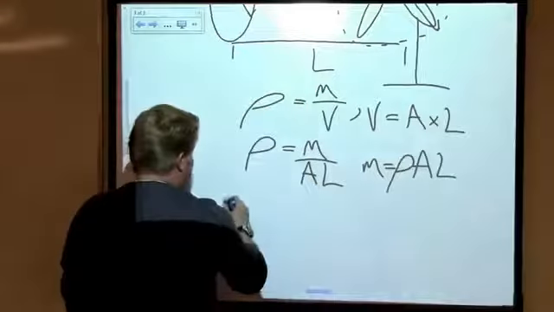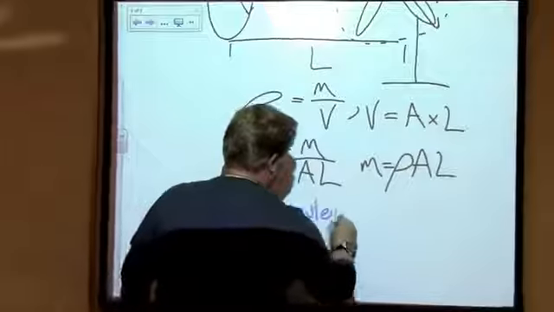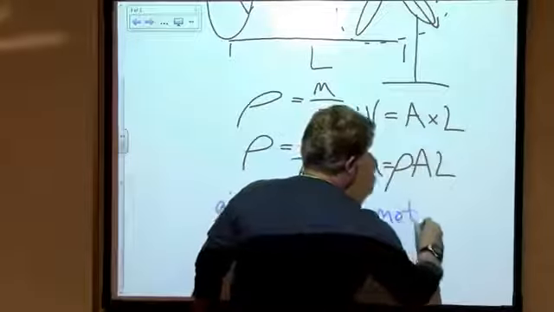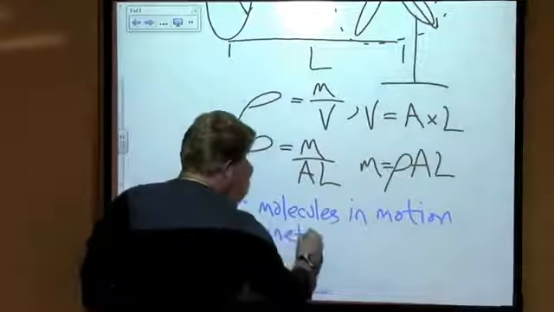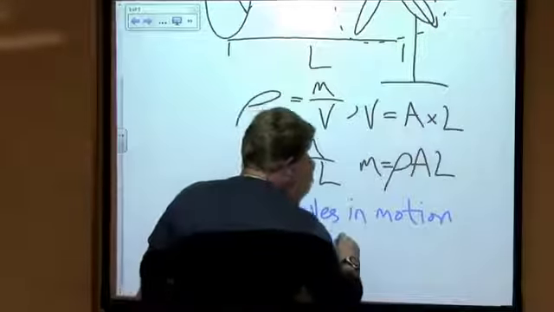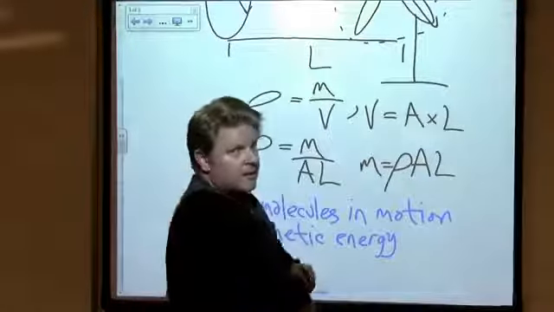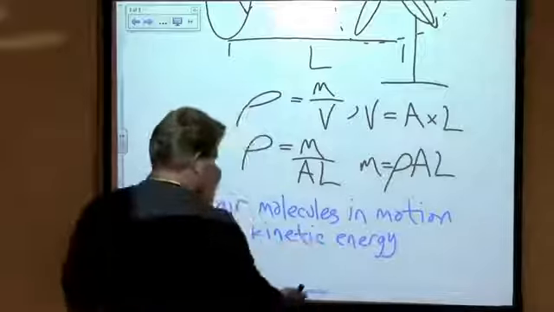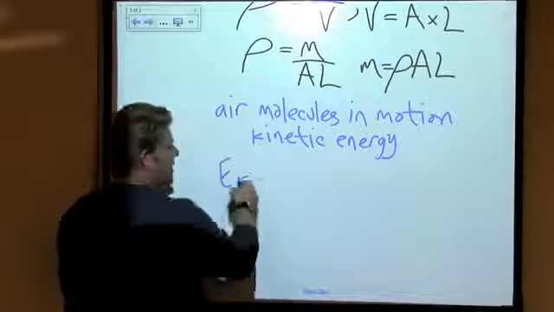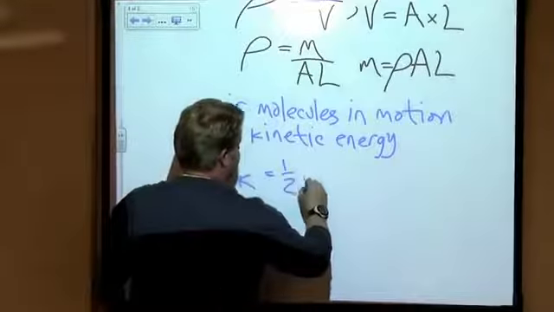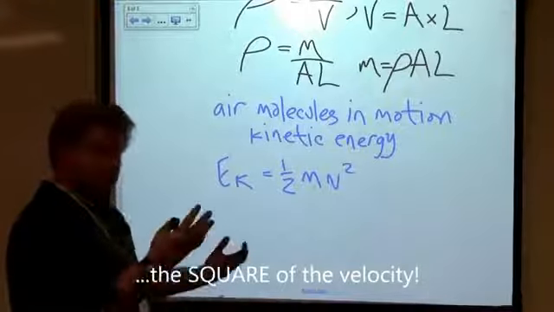But again, what we're talking about are air molecules in motion. So since they're moving, probably best to use an equation for kinetic energy if we want to know how much energy is in this cylinder. So what's the equation for kinetic energy? Well, E sub k, kinetic energy, is equal to 1/2 times the mass times the velocity squared of the object that's in motion.